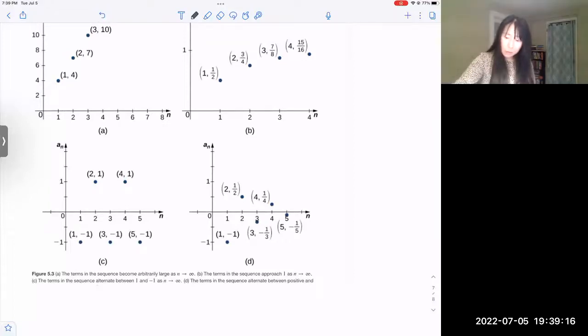So that is the start: -1, +1/2, -1/3, +1/4, -1/5, +1/6, -1/7, +1/8, like that. So it is getting close to 0 here and getting close to 0 here. Make sense?